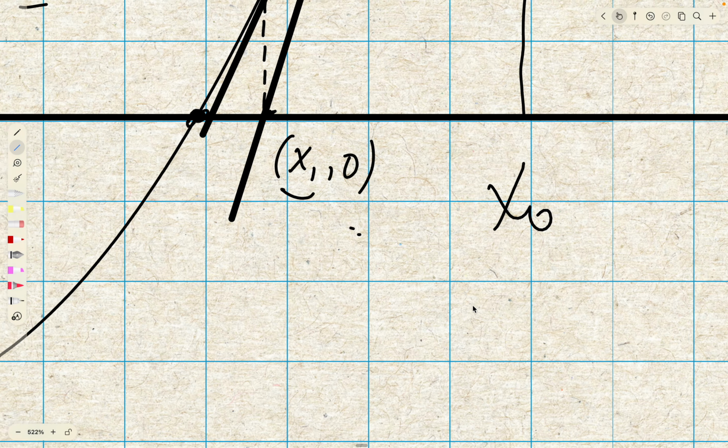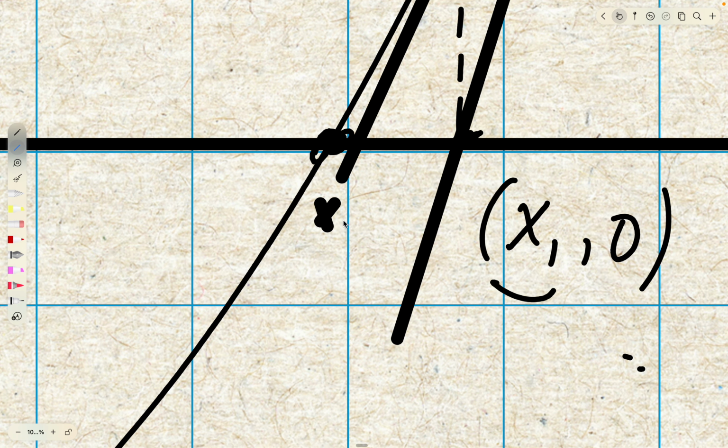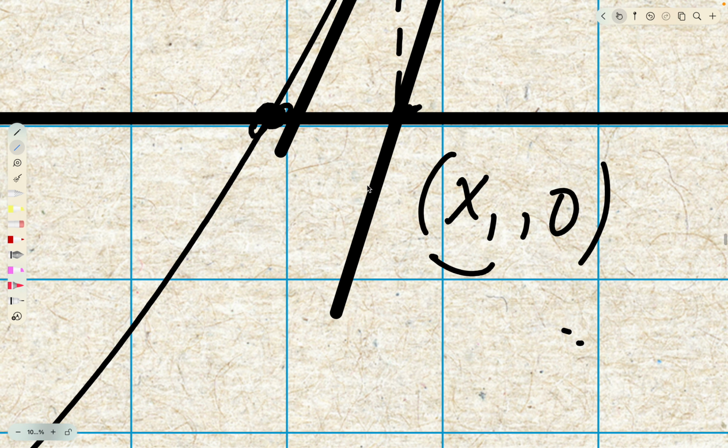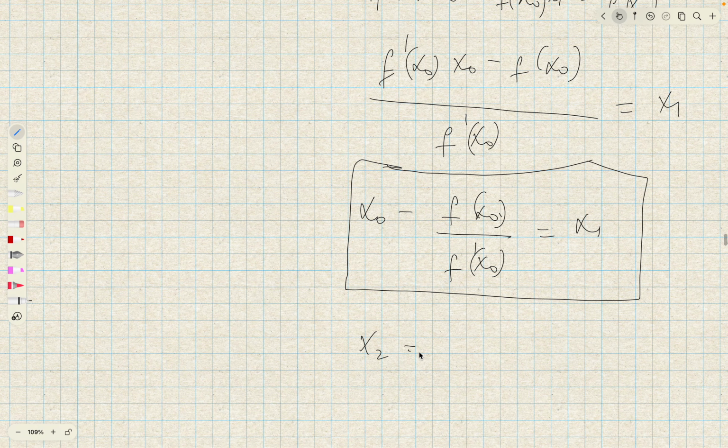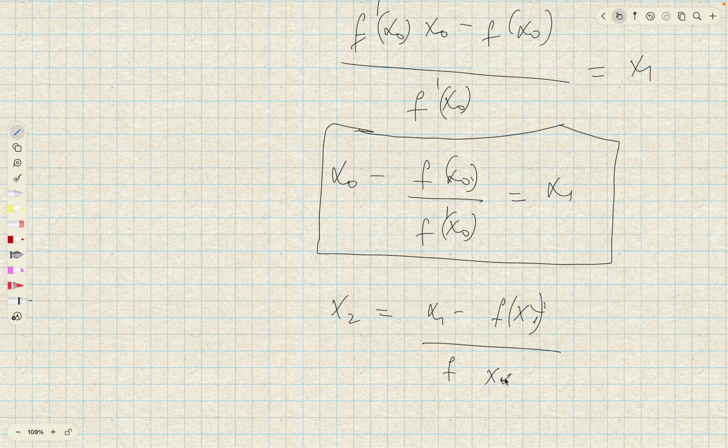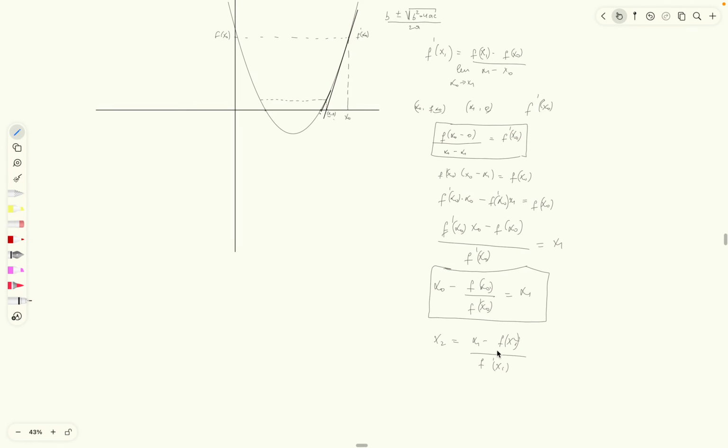Then we'll try to find x2. Then x2 will be x1 minus f(x1) divided by f'(x1), right?